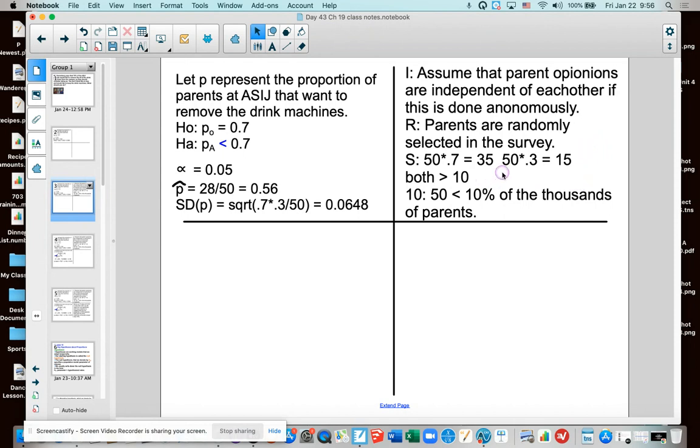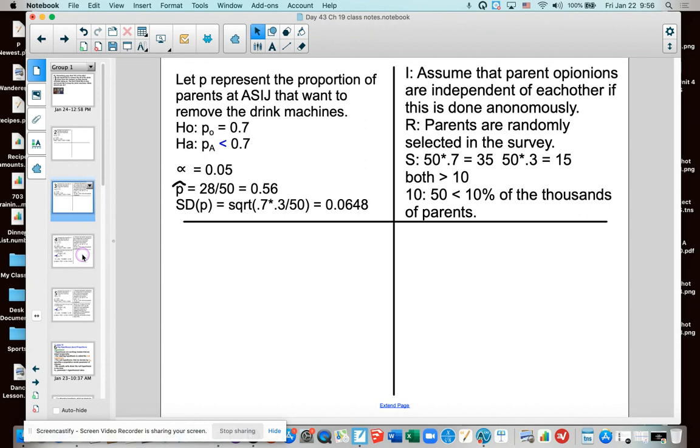On the proportion ones, you have to go your sample size times p and your sample size times q to make sure that your successes and your failures are both bigger than 10. We also have to do a quick check that our sample size isn't too big, so that we're not changing probabilities. So yes, 50 is less than 10% of the thousands of parents that we have at ASIJ.